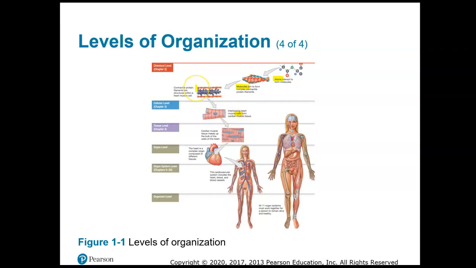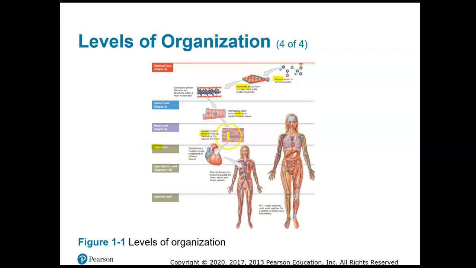What you're seeing here are organelles or cell parts that are protein filaments. They're actin and myosin, which are protein filaments that compose muscle tissue or muscle cells. So we have molecules, organelles, cells, and then cells combine to make up tissues, and tissues combine to make up organs.